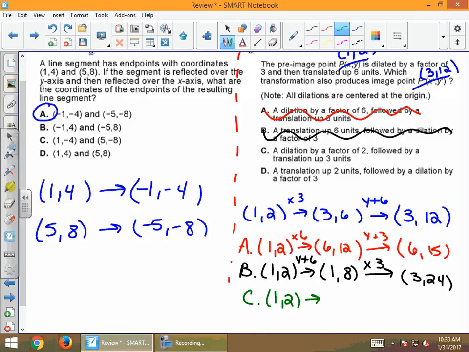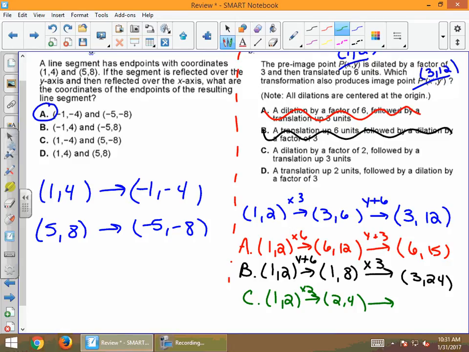Still dealing with that original point. We're going to dilate by a factor of 2, so we're multiplying by 2. What's that new point going to be? We multiply that, 2, 4. And then we are translating it up 3.